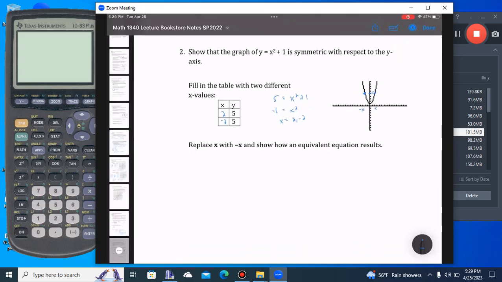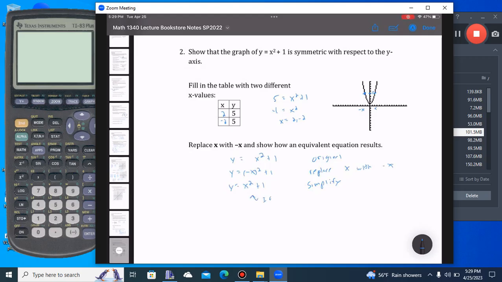Algebraically, what we can do is take the original, replace x with negative x, simplify, and so you get y equals x squared plus 1. Okay.